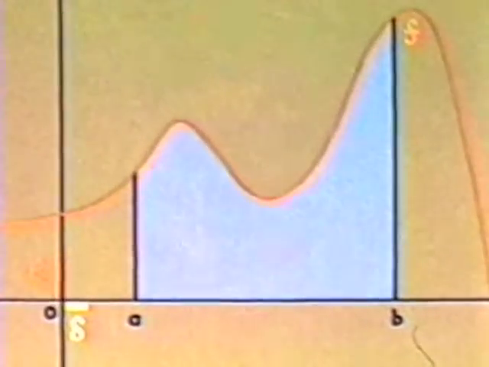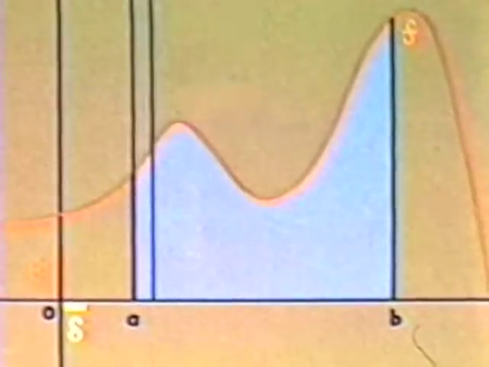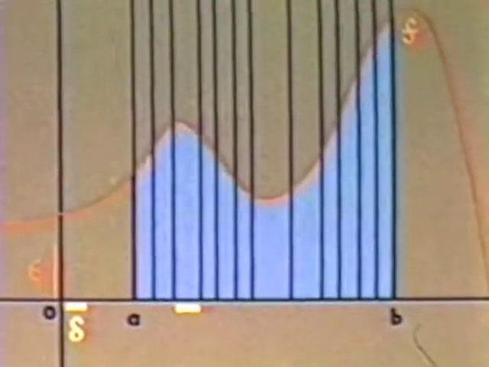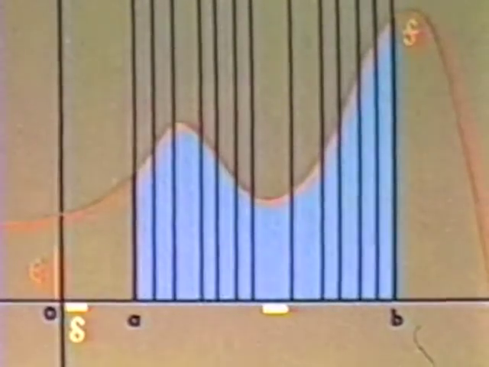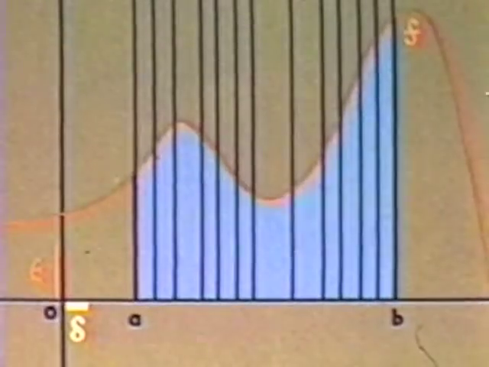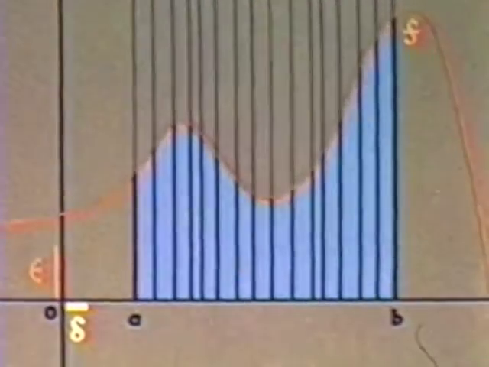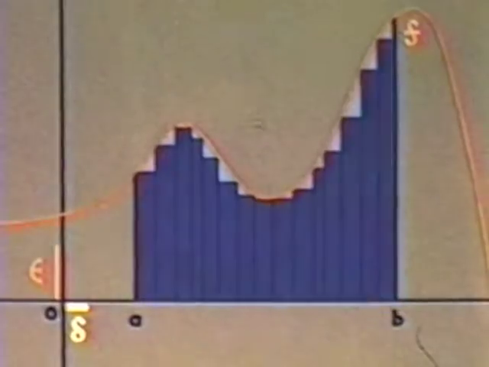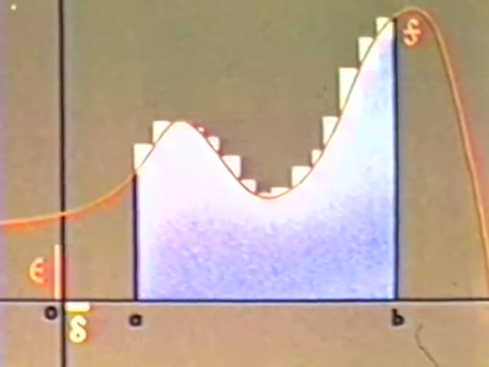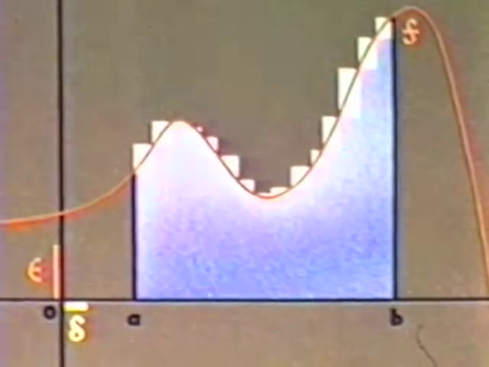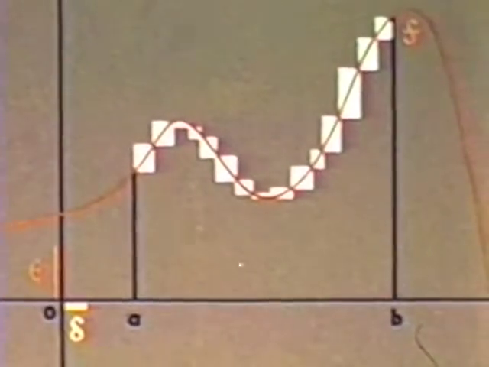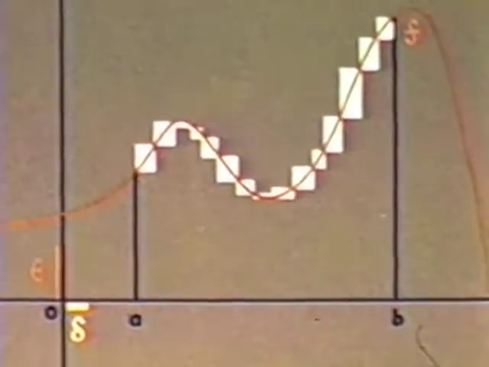Then construct, as before, inner and outer polygons built up out of rectangles, using rectangles based on intervals of length less than delta. Again, the difference of their areas is equal to the sum of the areas of these small rectangles.